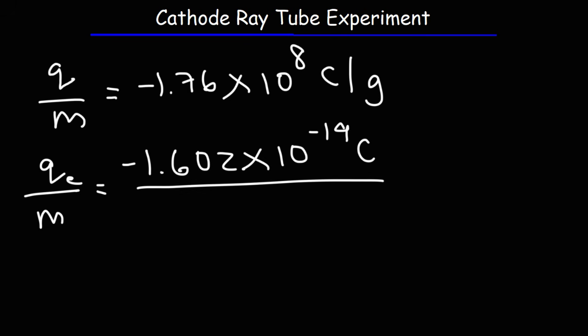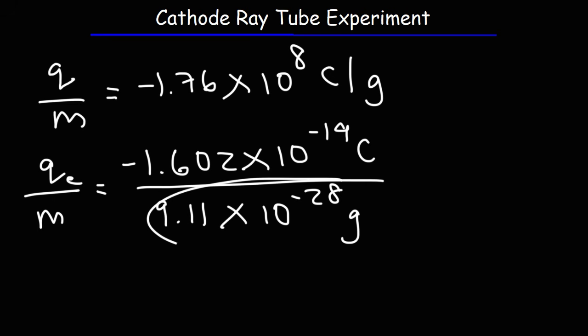The mass of an electron is 9.11 times 10 to the negative 28 grams. It's 9.11 times 10 to the minus 31 kilograms, but 1 kilogram is 1,000 grams, so you get this number in grams. Dividing those two numbers will give you the charge to mass ratio of an electron.